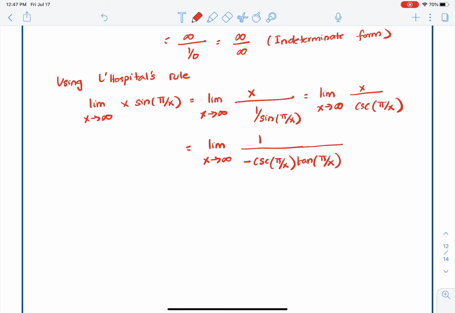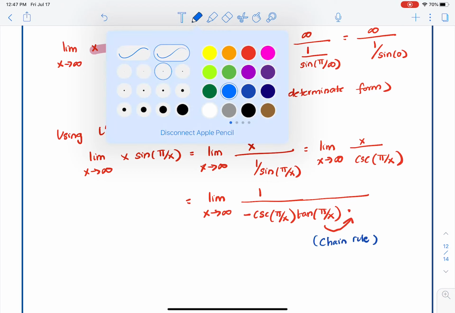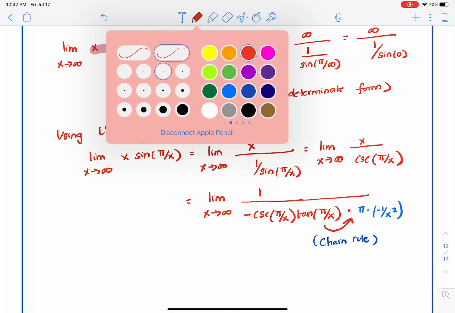Do not forget to multiply by the derivative of pi over x, which is the chain rule, because we simply don't have x, we rather have pi over x. So the derivative of pi over x is pi times negative 1 over x squared, because the derivative of 1 over x is negative 1 over x squared.